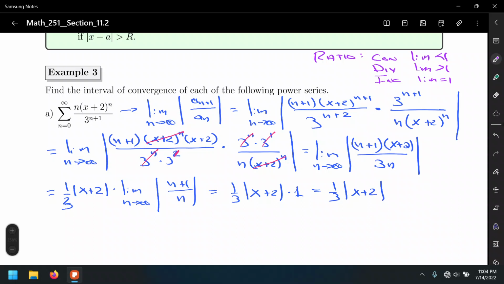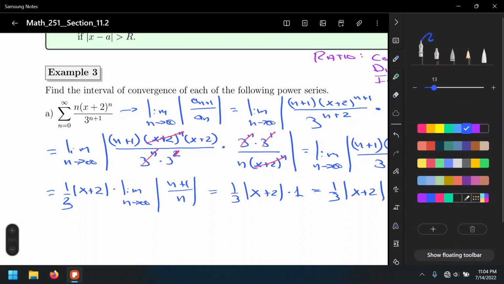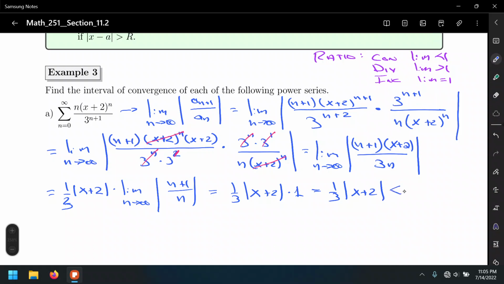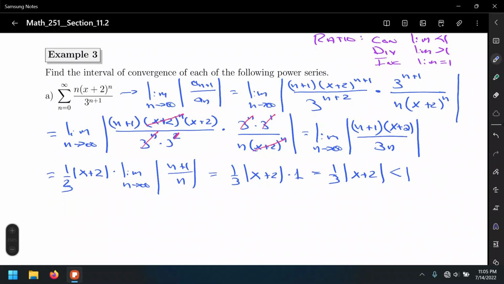So we want to find the interval of convergence. Then we need to set this 1/3 absolute value of x plus 2 less than 1 in order to find those values of x that will make this series converge. In a similar way, for rational functions we set the denominator equal to 0, and for logarithmic functions we set the argument greater than 0 to find the domain.